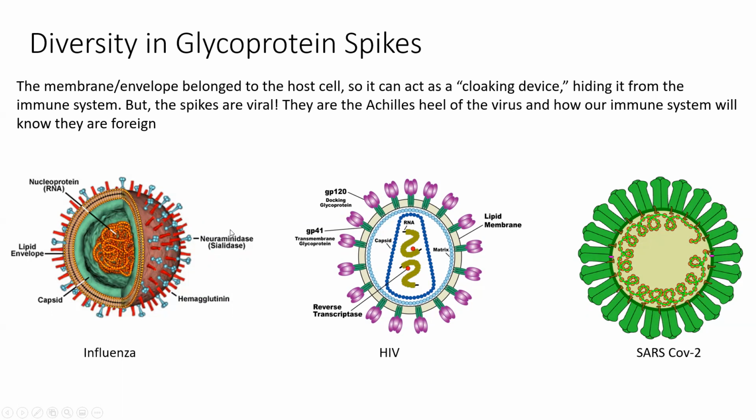The other thing is that some of these viruses have spikes, glycoprotein spikes, and these are actually the Achilles heel of the virus and how our immune system will go about detecting them, which is pretty snazzy.